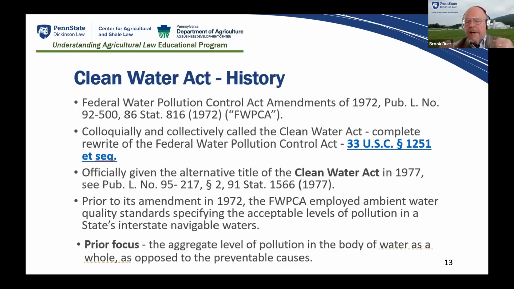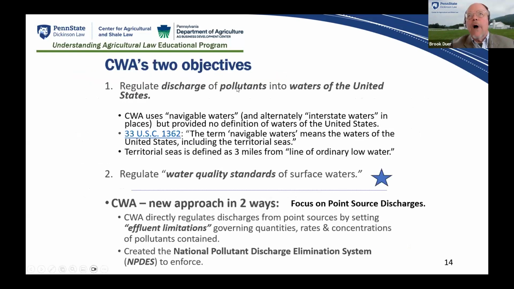It wasn't about remediation at the source. It was all about, there's this big body of water, and here is the average levels of pollution in it. That's what you needed to address. The aggregate level of pollution in the body of water as a whole, as opposed to going back and trying to deal with the preventable causes of it. So that's the big revolution of the Clean Water Act.